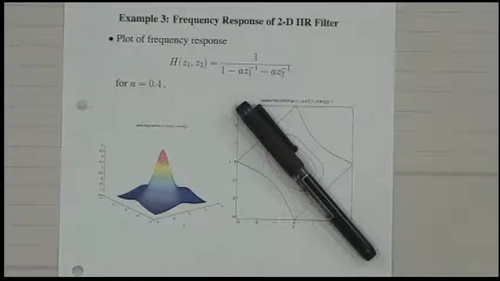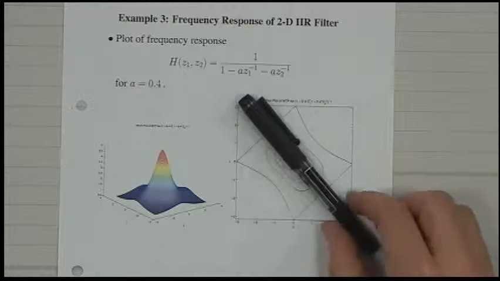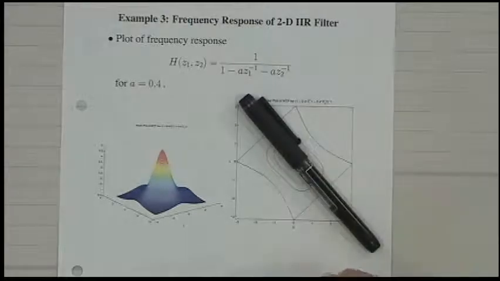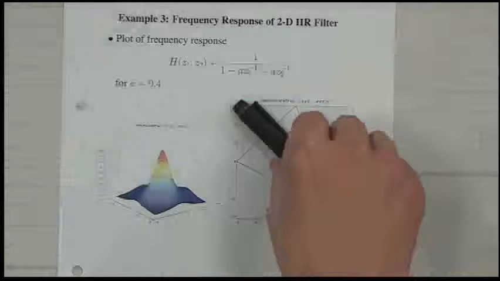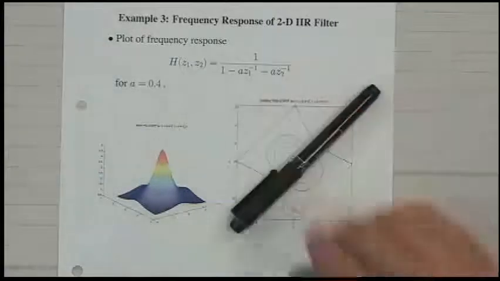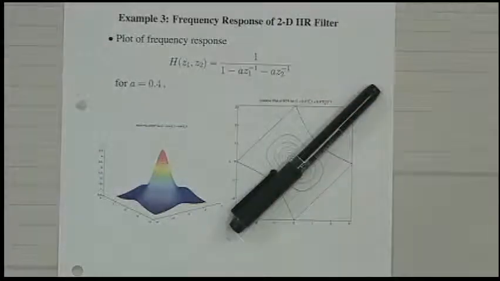That's to say that if you take one filter in this family that has a particular orientation like this, and you rotate its frequency response by 90 degrees, that new filter will not be, or may not be, in the same family.